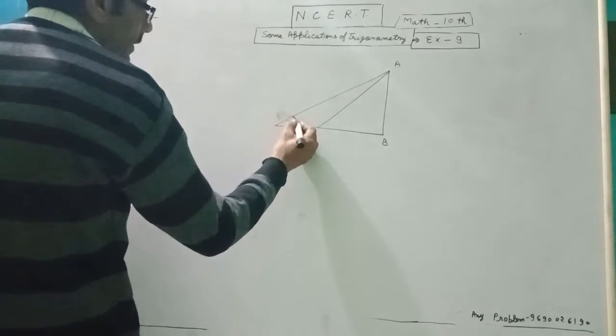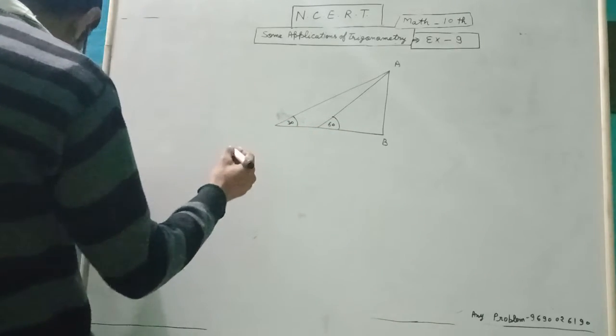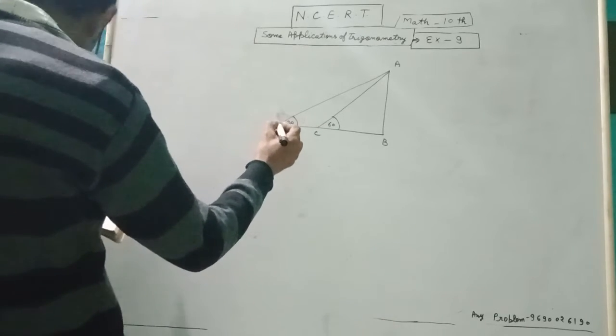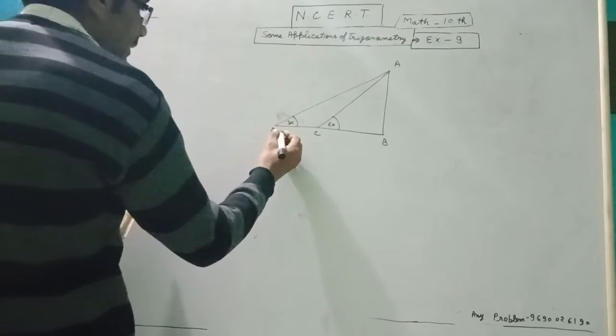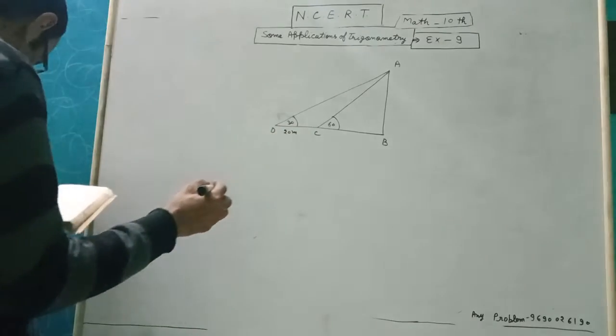Angles 30 and 60, COD distance is equal to 20 meter.